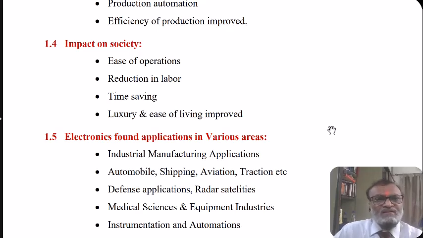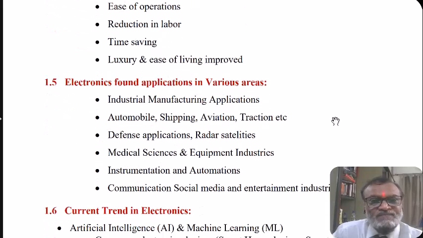Reduction in labor involved in various works. Time saving is possible. Luxury and ease of living is improved for the people.